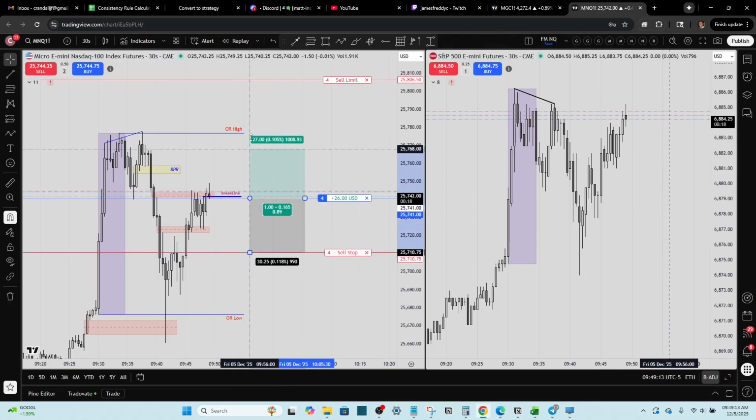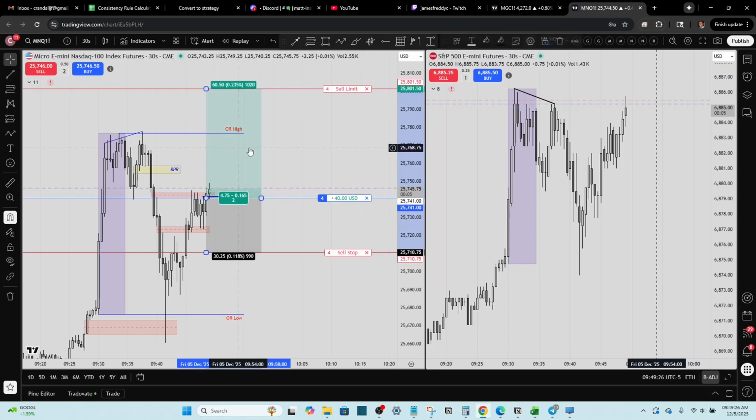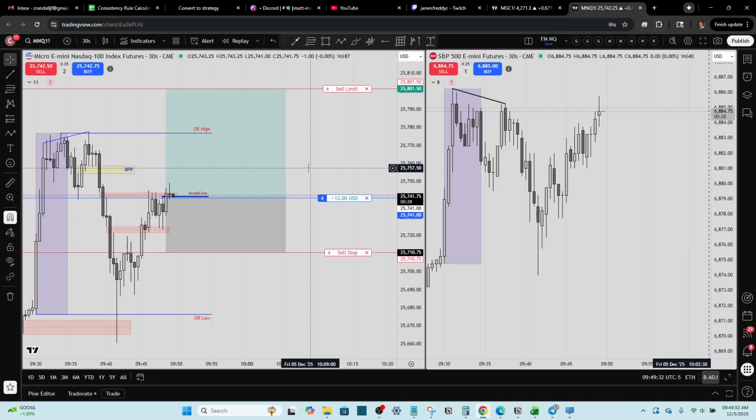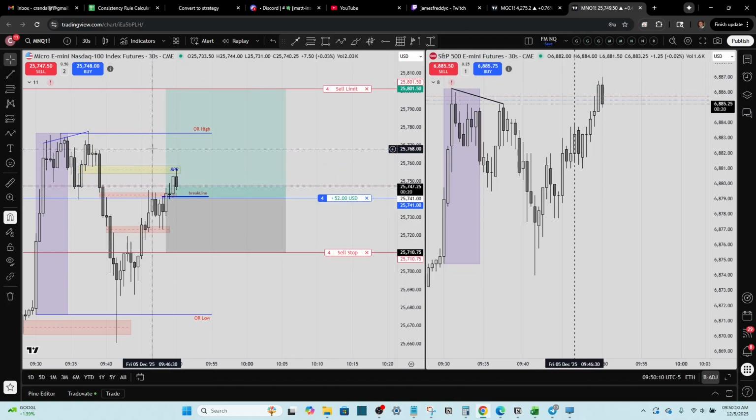That's mostly the reason I went long there: those three things, SMT at the lows, an inverse fair value gap, and a bullish, bearish, bullish candlestick pattern right in the middle of the range. At that point I'm thinking it's going to go back up for the opening range high, and probably rally the rest of the day. So that's the reason for that entry.